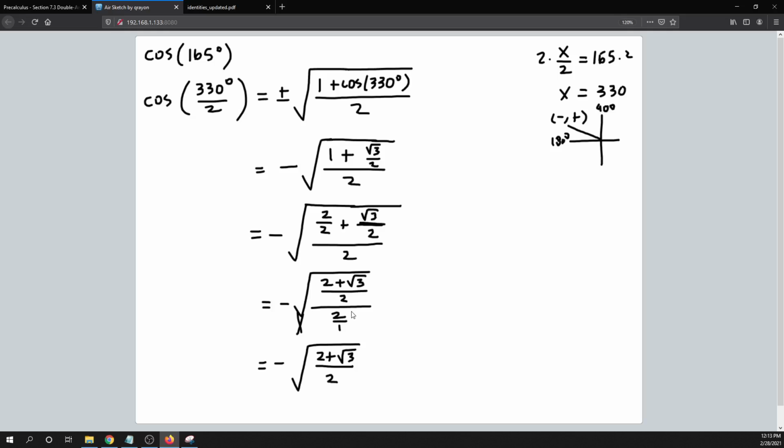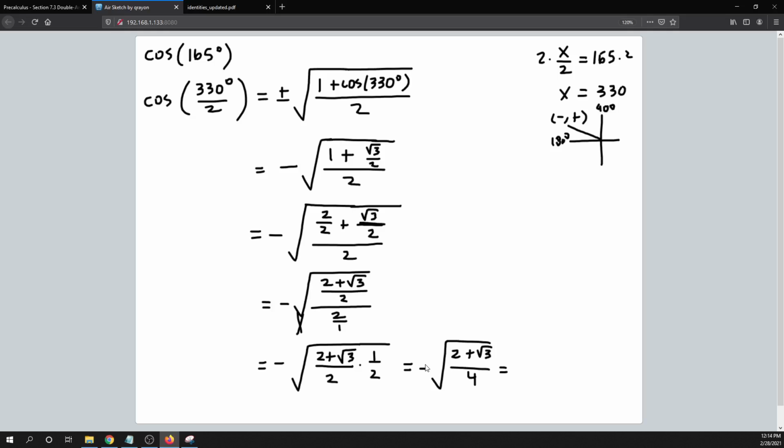Dividing by a fraction is the same as multiplying by its reciprocal. So dividing by 2 over 1 is the same as multiplying by 1 over 2. And so I get minus square root 2 plus root 3 on top. On the bottom I get 4.